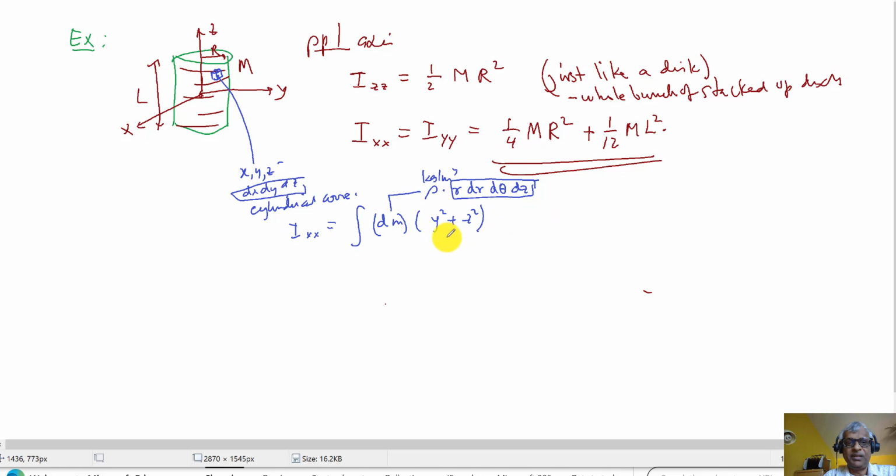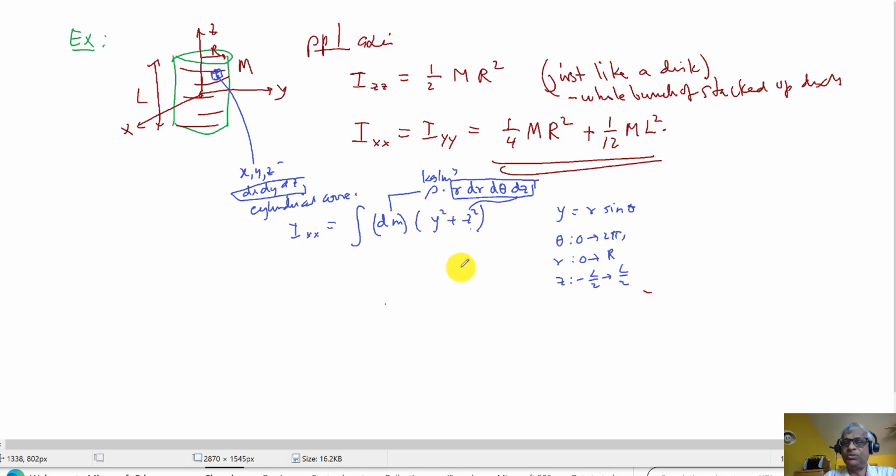So in polar coordinates, I'll leave the z alone. Y will simply be r sine theta. And to capture all the masses, theta goes from 0 to 2 pi, r goes from 0 to r, and z goes from minus L over 2 to L over 2.